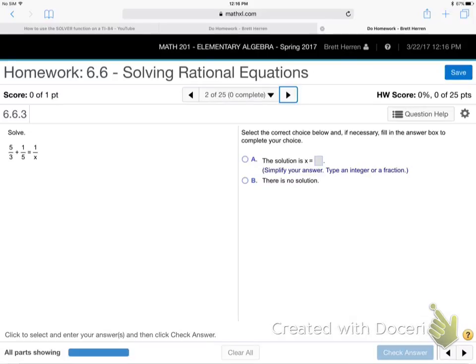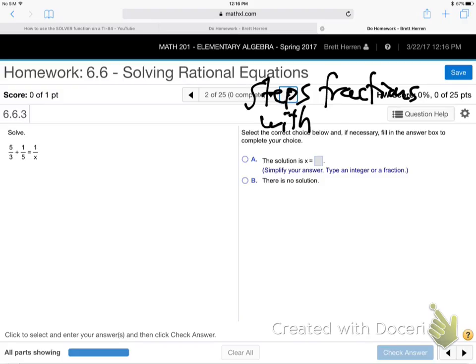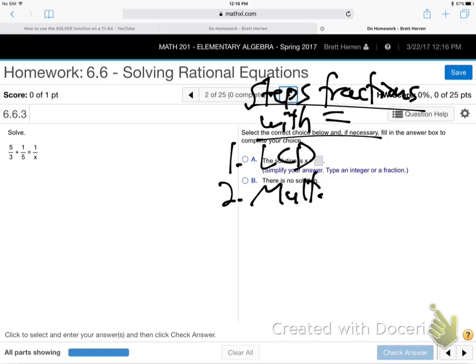Okay, so there it is. So let me do the steps for fractions with equals. Step 1, find the LCD. Multiply the tops.